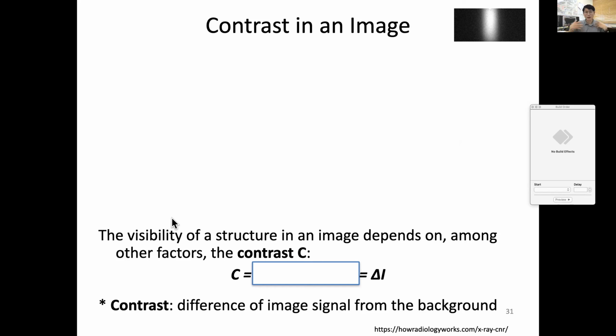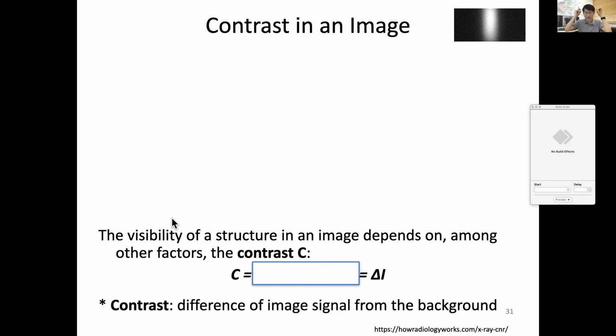Likewise, when we look at an object outside, without proper contrast, we cannot even recognize it. So what provides us three-dimensional information is really the contrast. Contrast is the information of an object relative to the background.